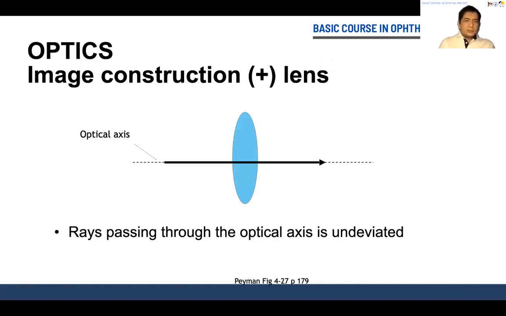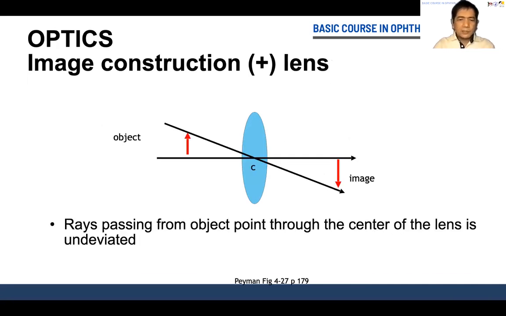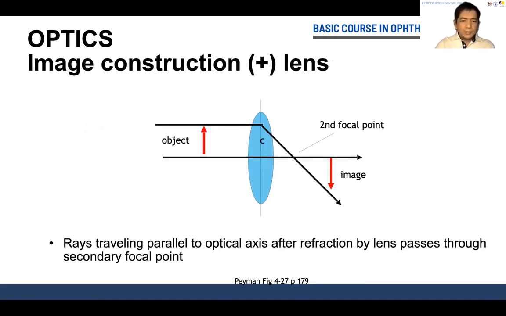Okay, let's talk about image construction in optics. For a plus lens, rays passing through the optical axis are undeviated, while rays passing from the object point through the center of the lens are still undeviated. Rays traveling parallel to the optical axis, after refraction by the lens, pass through the secondary focal point.